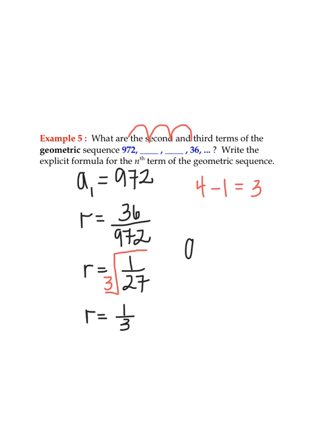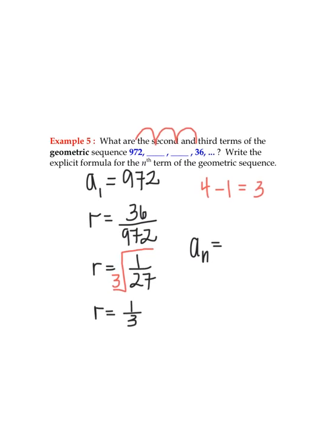So my explicit formula is 972 times 1/3 to the n minus 1 power. Now, to find the second and third terms, I could put a 2 in for n and then a 3 in for n, or I could just take 972 and multiply it by 1/3.